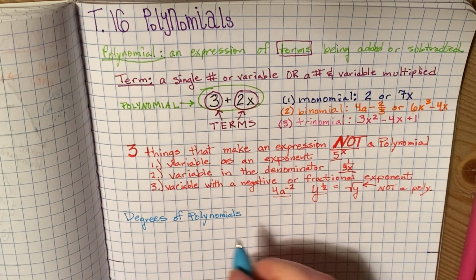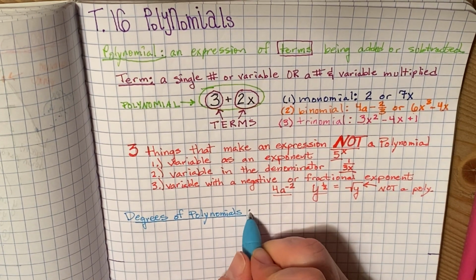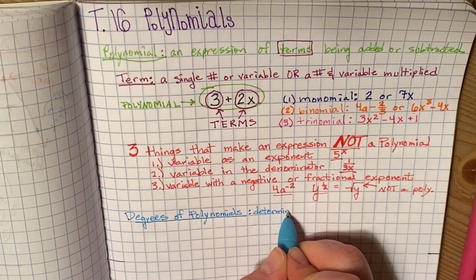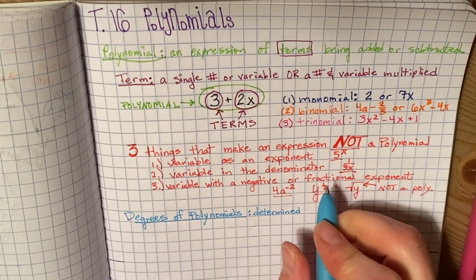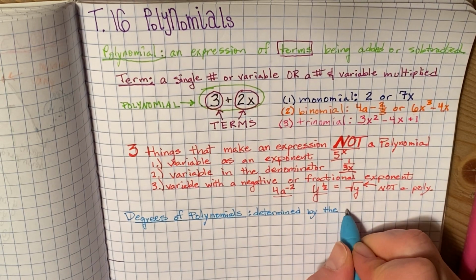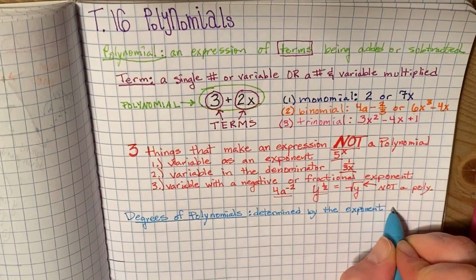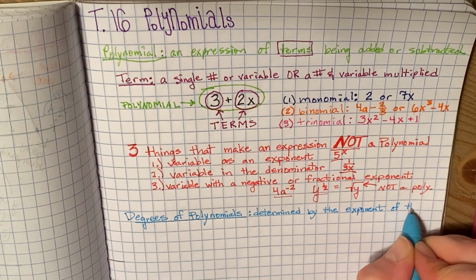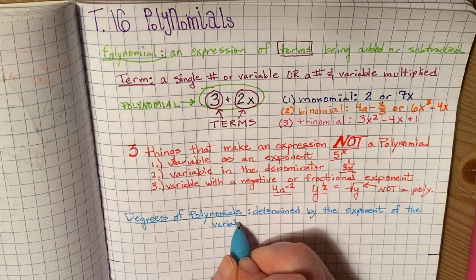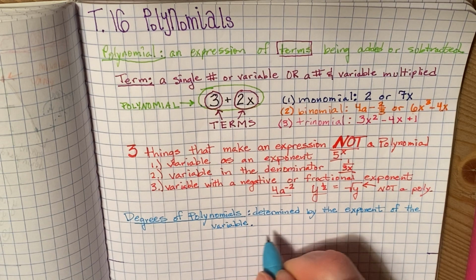Okay, so the degree of a polynomial, we're going to write, is determined by the exponent of the variable. Okay, it's determined by the exponent of the variable.